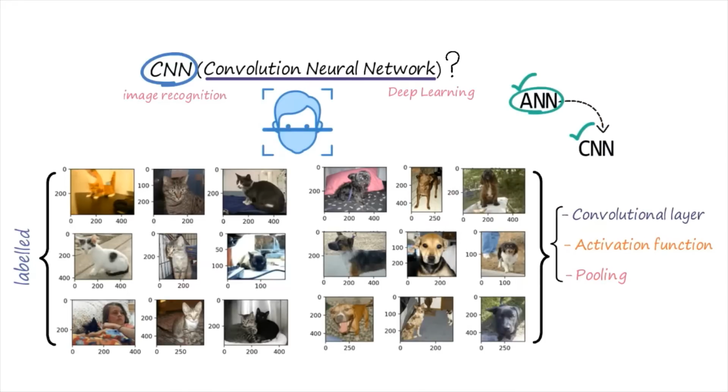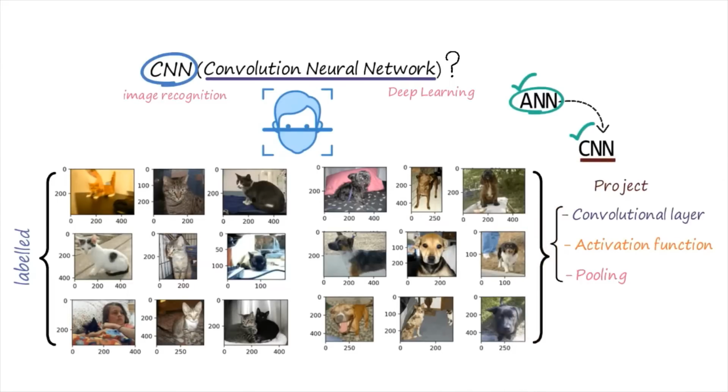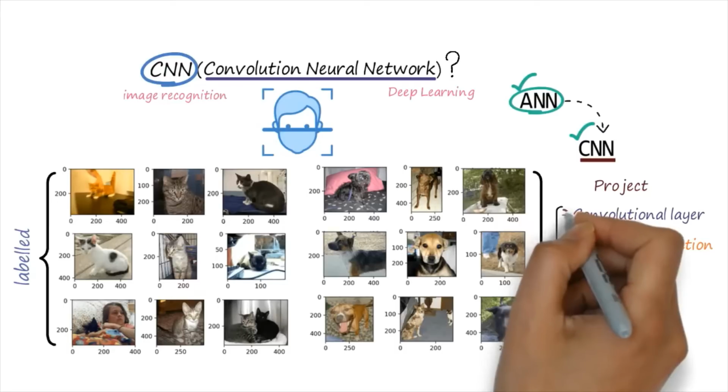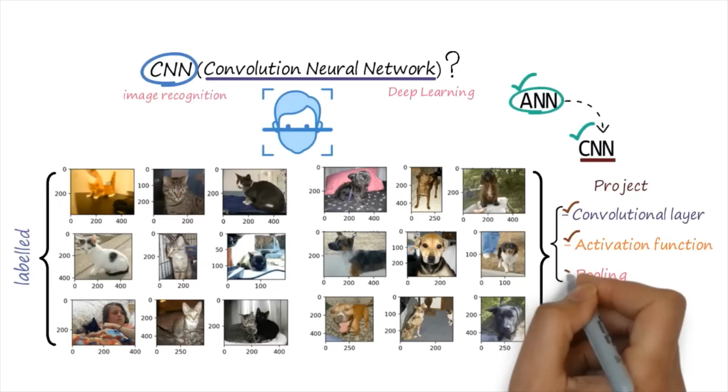Please make a note over here. Whenever we are going to perform any project using CNN, we have to follow certain steps. Steps number 1, 2 and 3 include the convolutional layer, activation function and pooling mechanism.